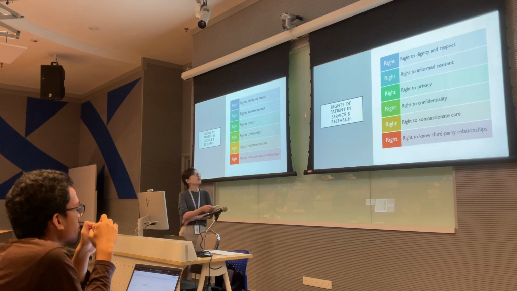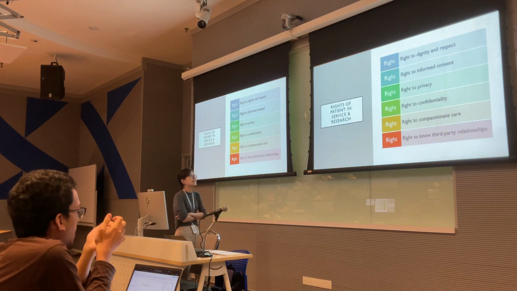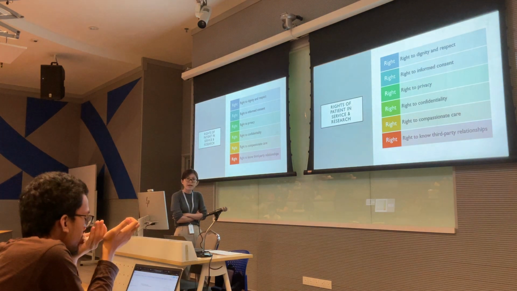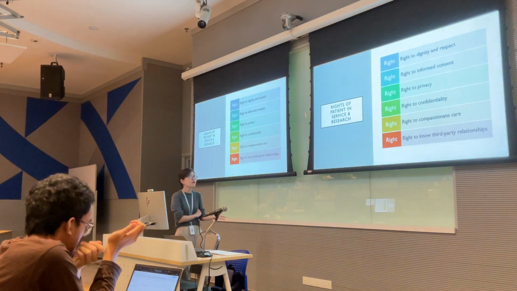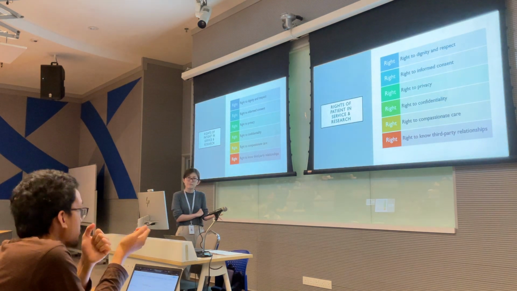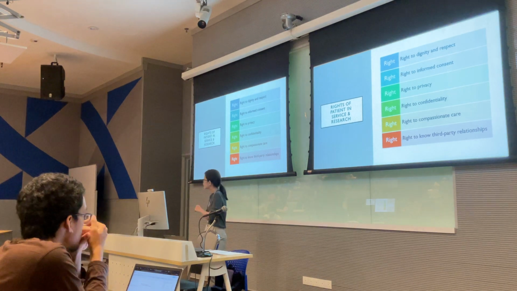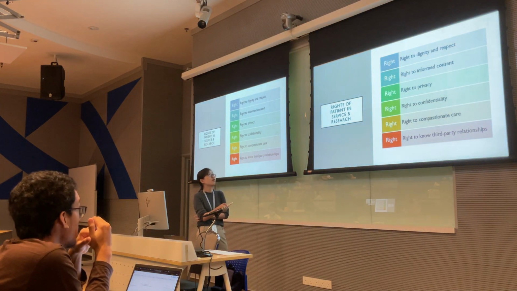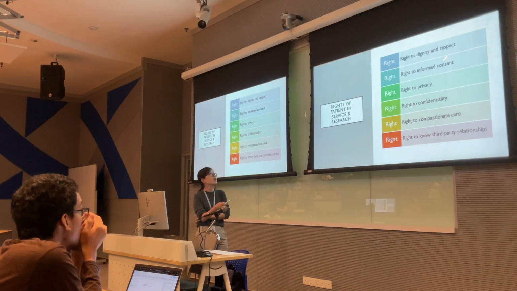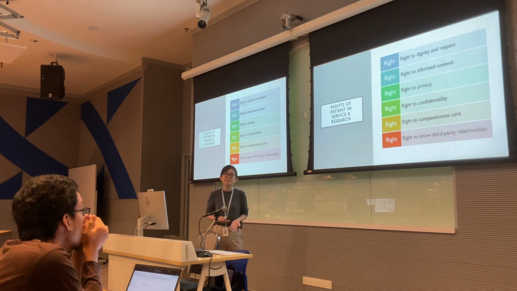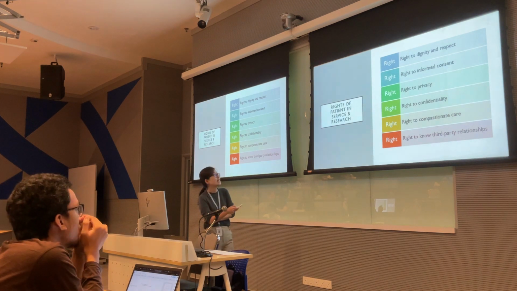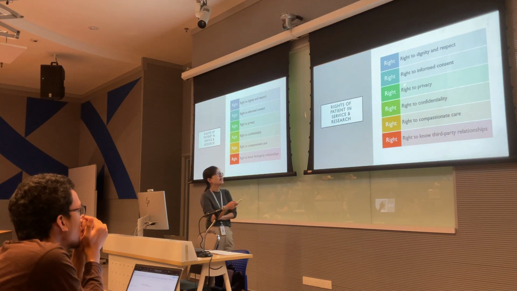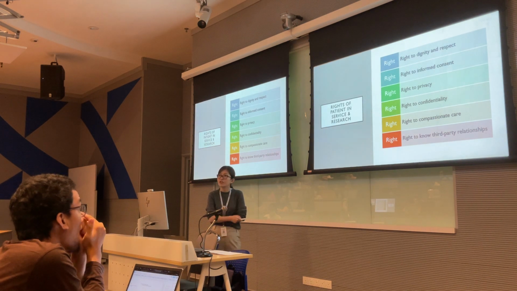They have the right to dignity and respect. You need to respect them and respect their decision, and be respectful in your behavior and attitude. Next, the right to informed consent. They have the right to sufficient time to think and consider before they sign their informed consent, and, as I mentioned, the right to privacy and confidentiality.